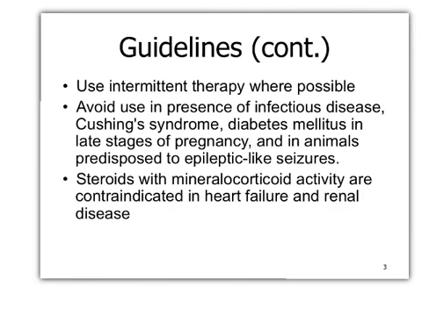And of course, pre-evaluate that animal for the tendency to have conditions that would be exacerbated by glucocorticoids, such as infectious disease, or pre-existing Cushing's syndrome or diabetes mellitus, for example.